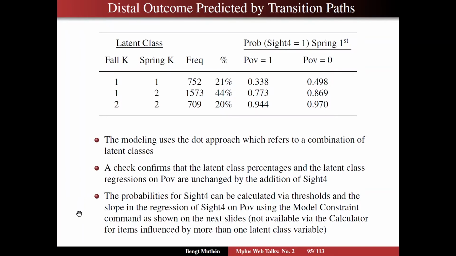It's not available via the calculator that we talked about earlier, because this is the case where the site item is influenced by more than one latent class variable, C1 and C2.